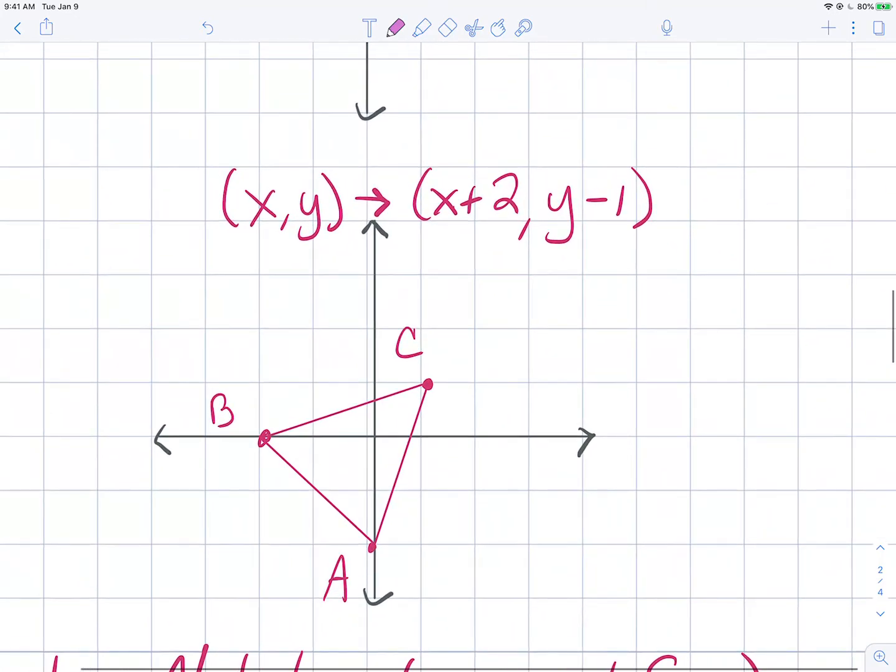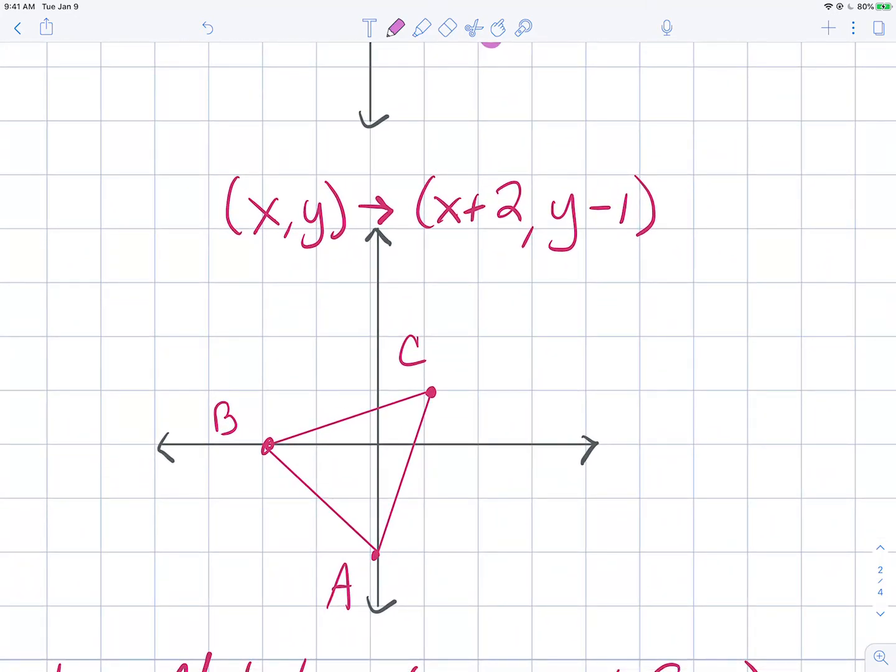Okay, let's try another one. We have triangle ABC, and my directions are going to be x plus 2, that means right 2, comma y minus 1. So let's start with point A. I'm going to move right 2, 1, 2, and down 1. So here is A prime.